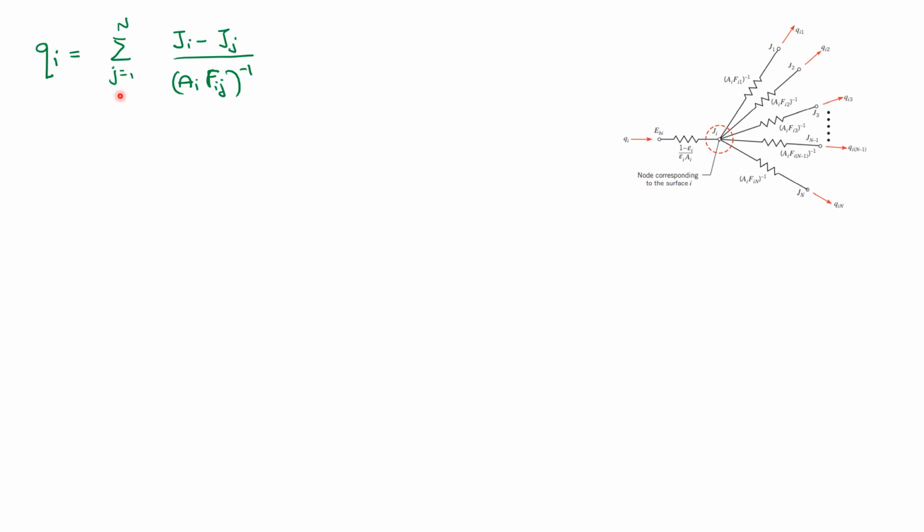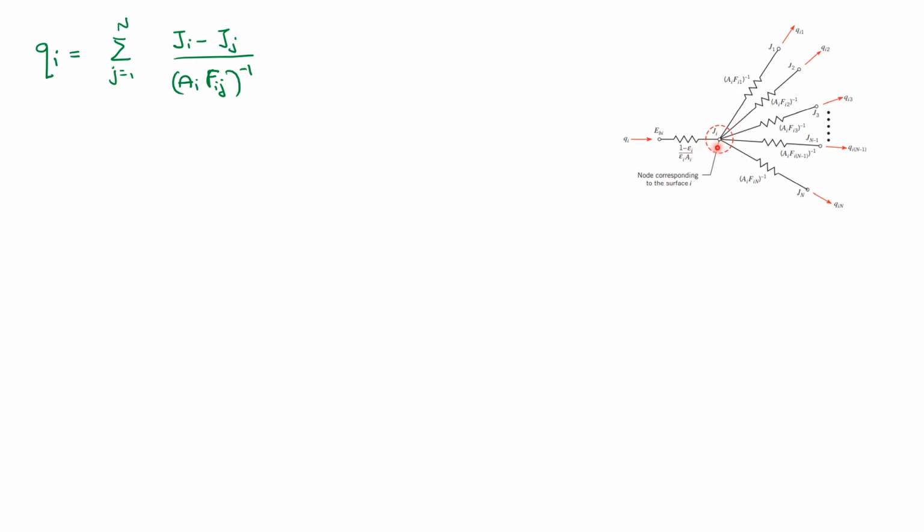So this equation can be represented in a radiation network approach, where you have two resistances now. One is due to the surface radiation and the other is due to the shape factor. Your Ebi is what is emitted due to the temperature of the surface. Then you have the radiosity, and the resistance between them is the radiative resistance due to the surface.